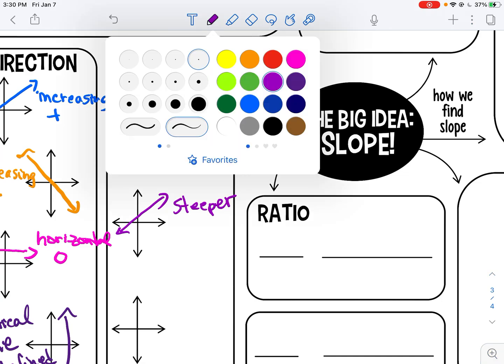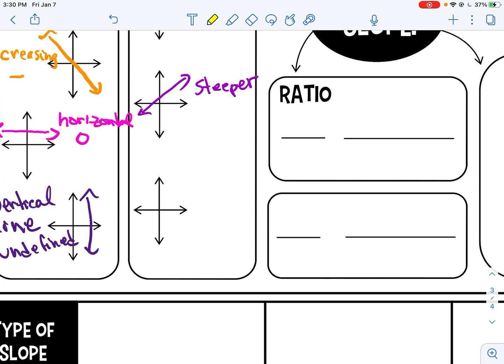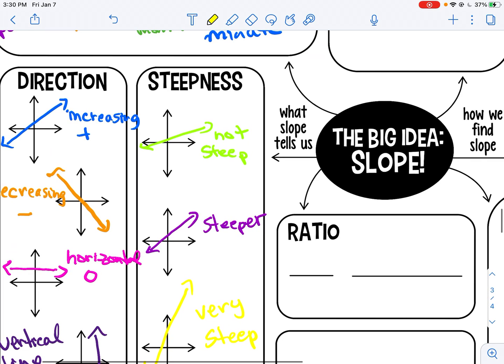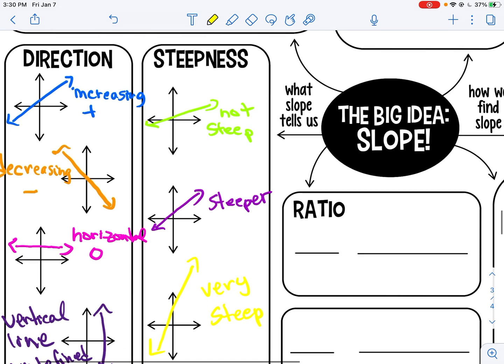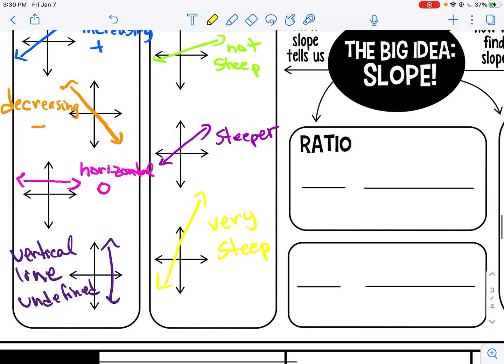And sorry, this right here is very steep. So if we're looking at this, not steep is going to be a smaller number. Steeper is going to be a little bit bigger, and very steep is going to be a higher number. Okay?